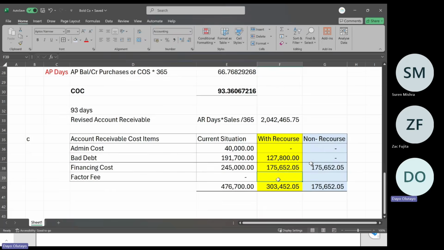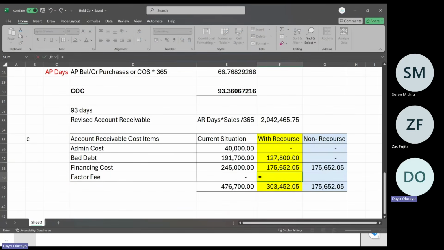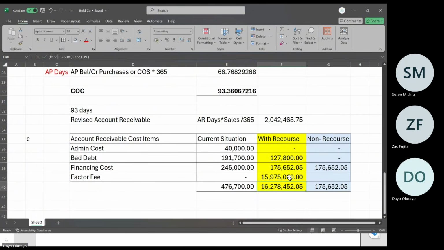And the factor fee with recourse will be 0.75% of turnover, and that will be equal to 0.75% multiplied by turnover of 21.3 million.